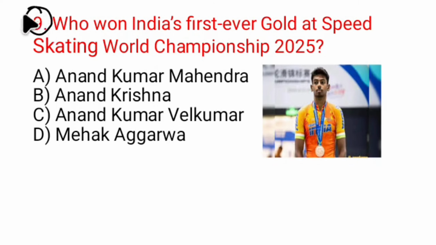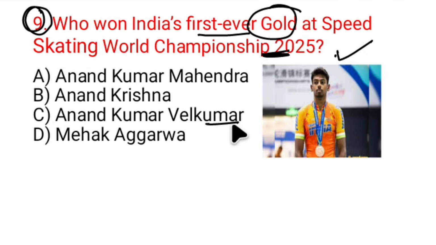And question number 9, who won India's first ever gold at the Speed Skating World Championship 2025? Option C, Anand Kumar Velkumar, is the right option. Anand Kumar Velkumar won India's first ever gold at the Speed Skating World Championship 2025.